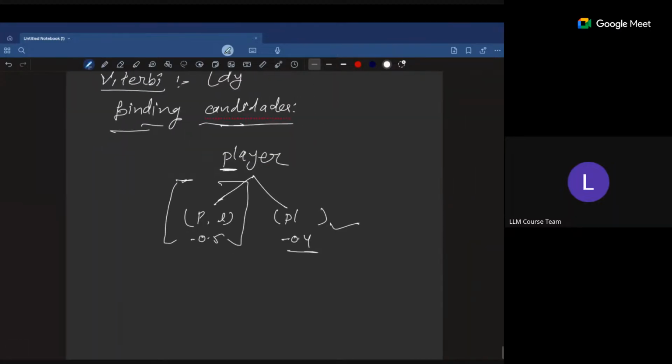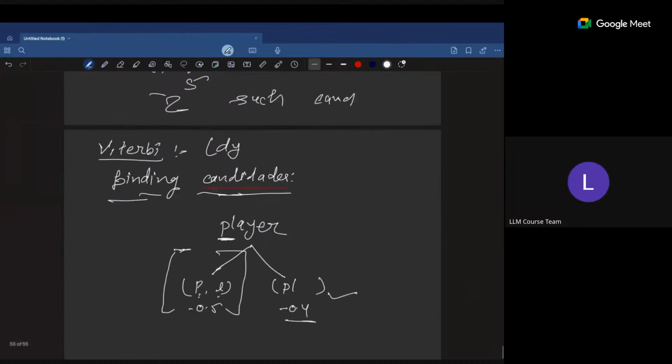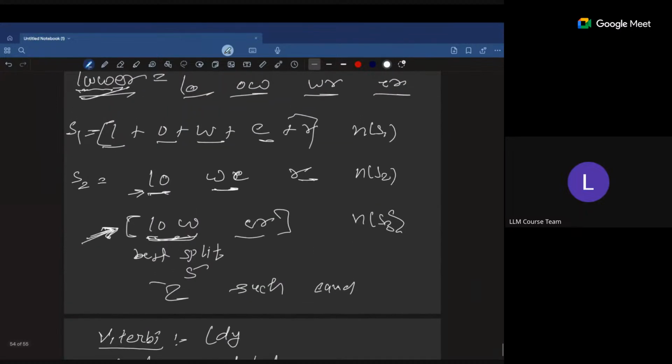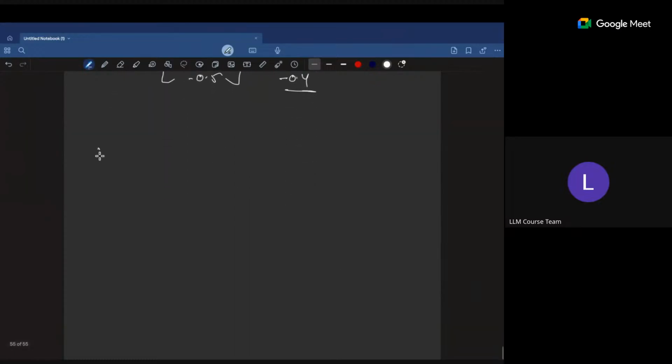Because we have discarded P and L as separate tokens, it also excludes all the candidates where P comes out as a single token, right? Let's say one of the possible splits was P, LA, Y, ER.